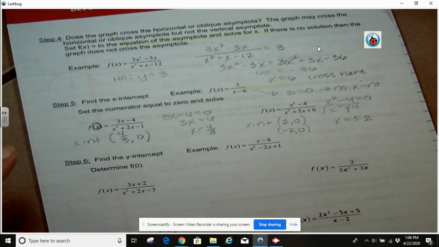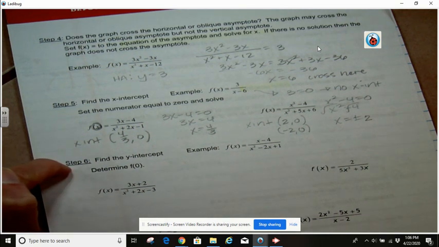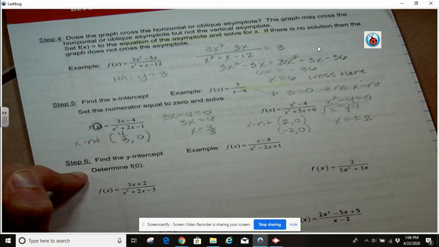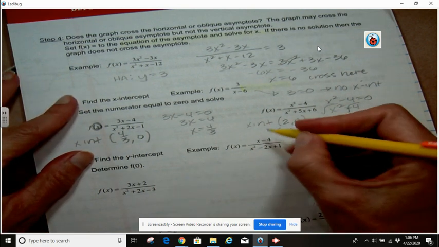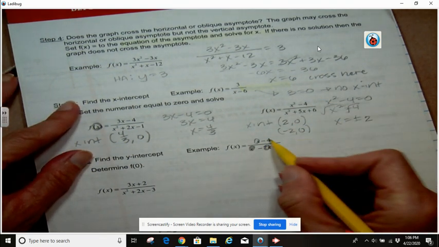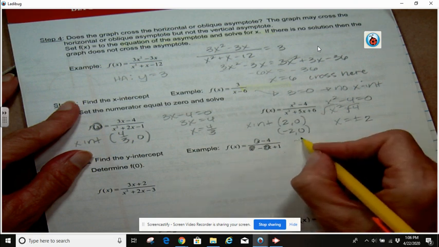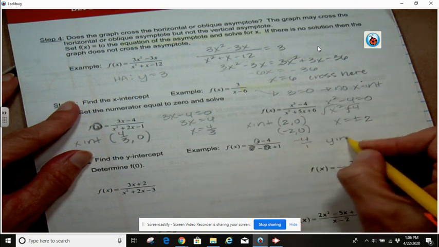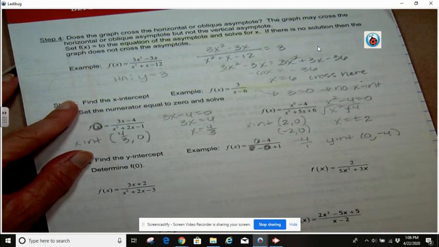Okay, back to step 6. Last step, find the y-intercept. A y-intercept is a point on the y-axis, which means x has to be 0. So for this example, if you make all your x's zeros, you're left with -4/1. So your y-intercept is (0, -4).